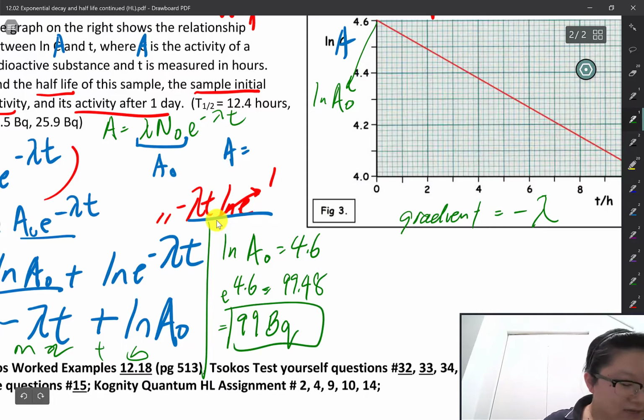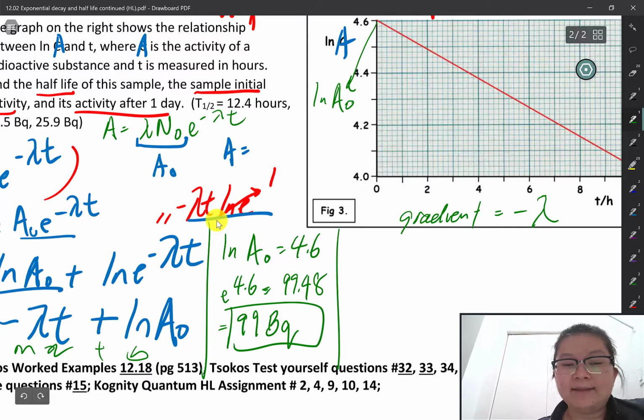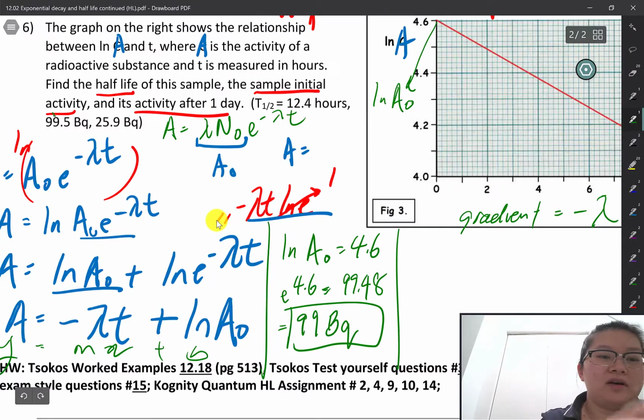And I'm going to save this number because we're probably going to use this later. So that's for analyzing the initial activity.